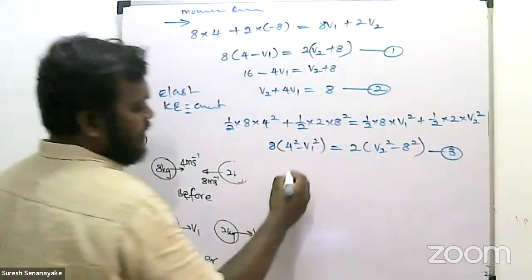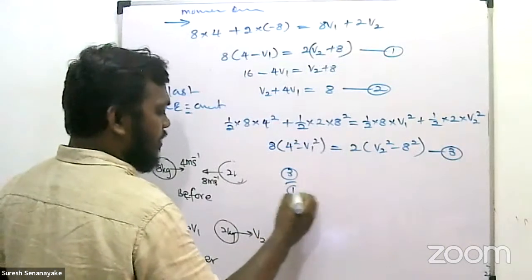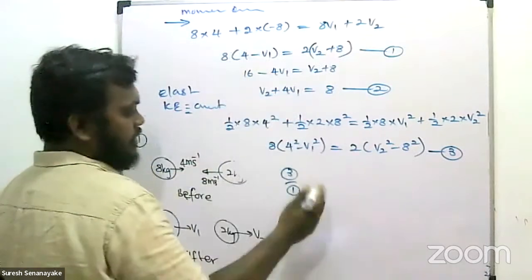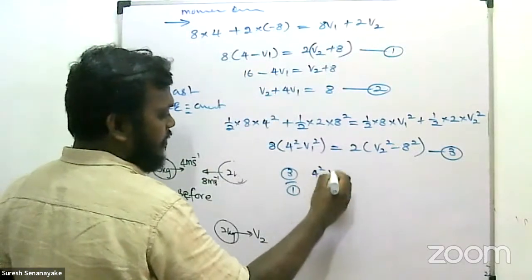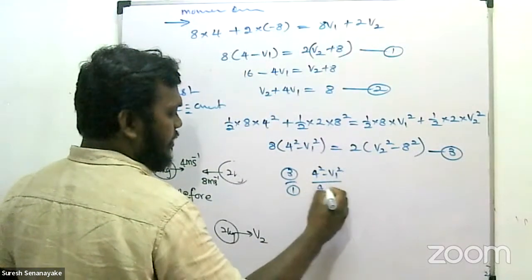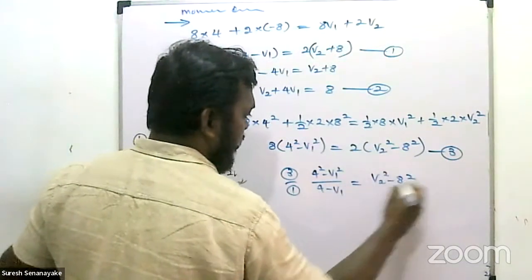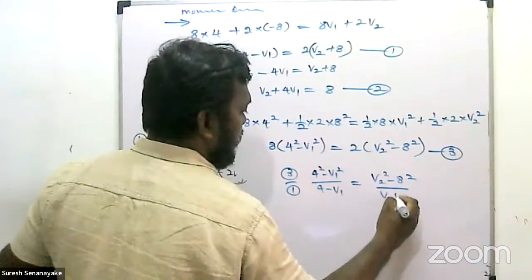Now divide this third one by the first one. Then this 8 and this 8 cancel, and this is 4 squared minus v1 squared, divided by 4 minus v1. This side is v2 squared minus 8 squared, divided by v2 plus 8.